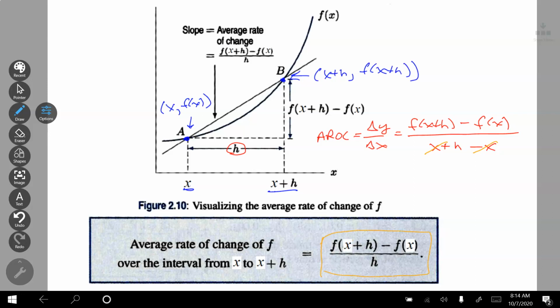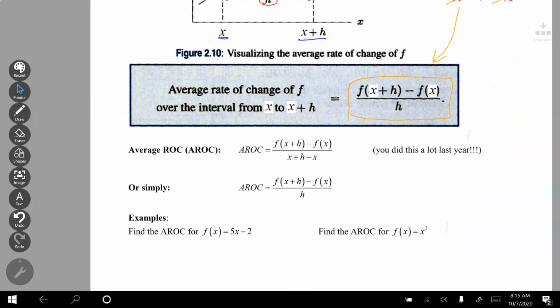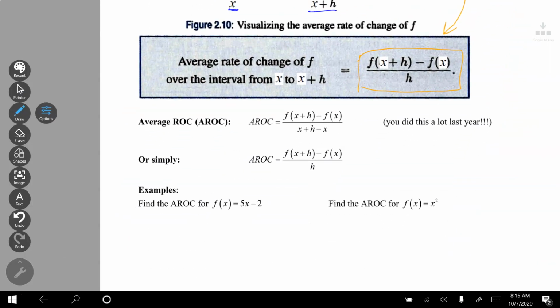My average rate of change is the change in y over change in x, and the change in x is just h. And now we're going to work on this, and this is a lot of algebra, and I made you do this a whole lot last year. So this is my average rate of change. This says f of x plus h means plug in x plus h minus the original function.